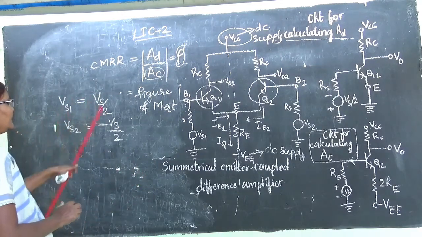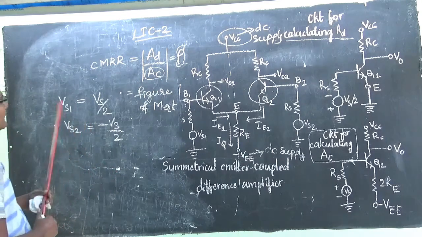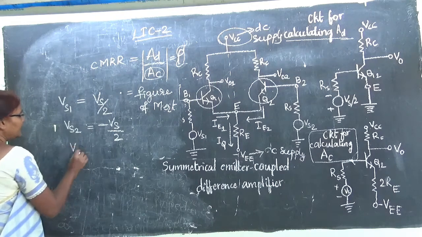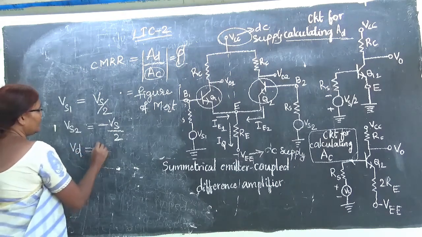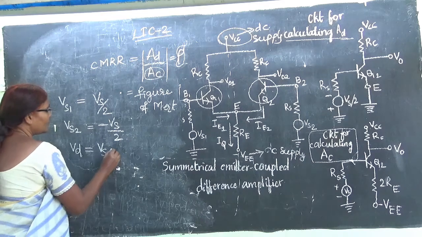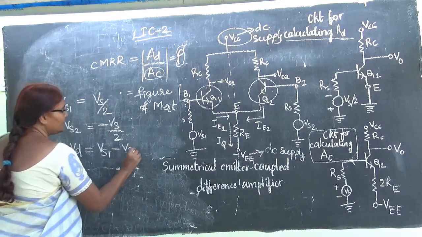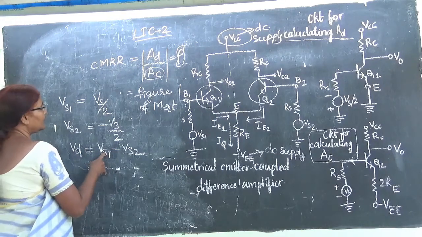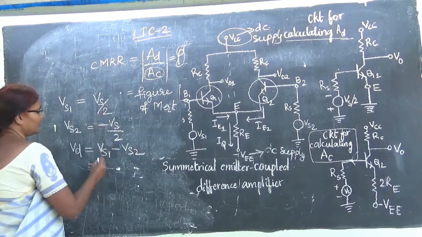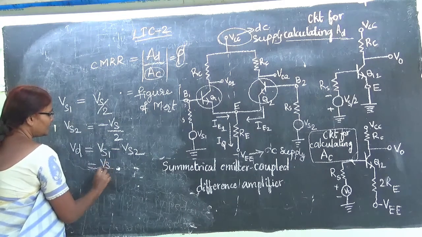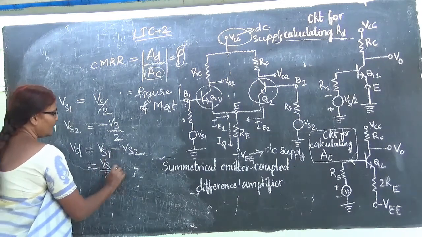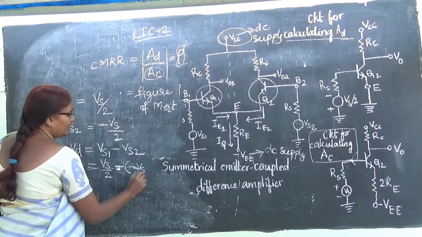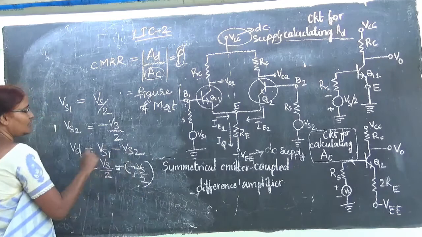Why I have taken these two inputs means, suppose I want to calculate Vd. So what is Vd? Vd is equal to Vs1 minus Vs2, isn't it? So if I want the difference voltage, it will be the subtraction of two input signals. So Vs1 is Vs by 2, minus of minus Vs by 2, because that is the value of Vs2.